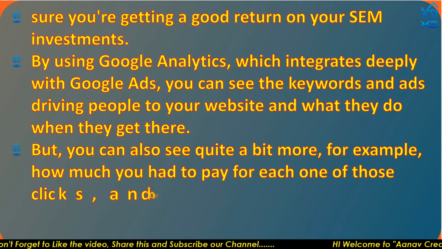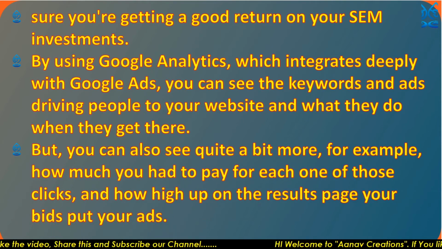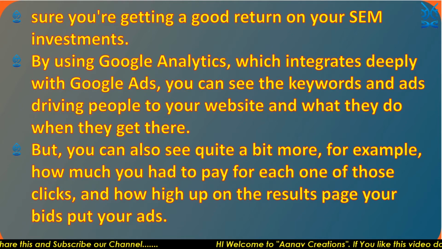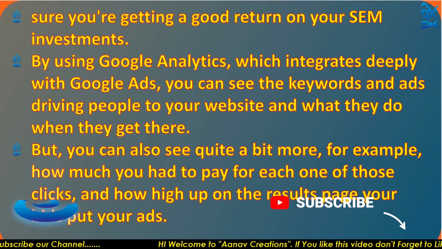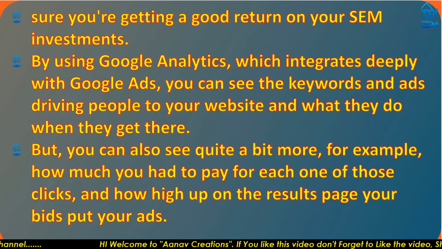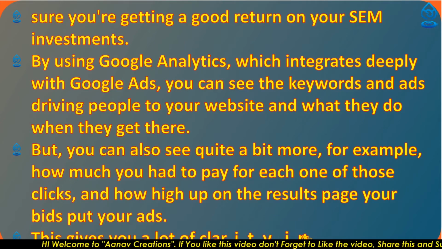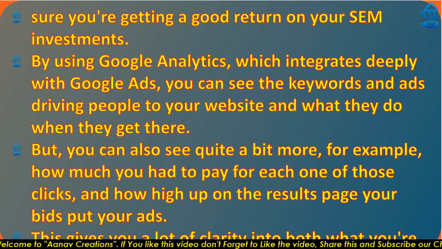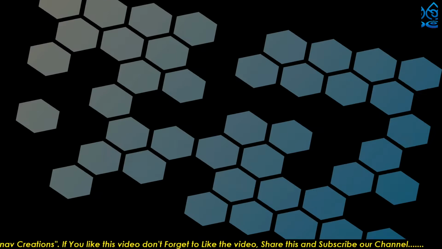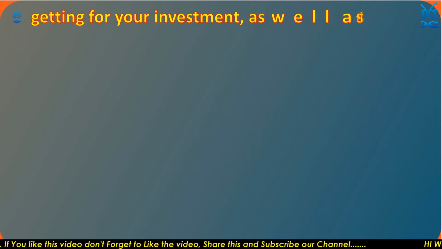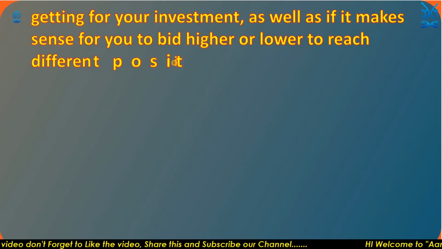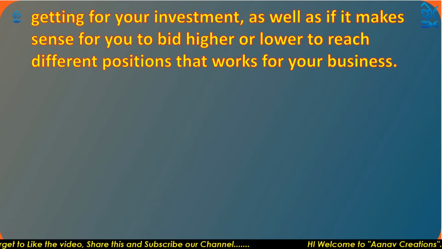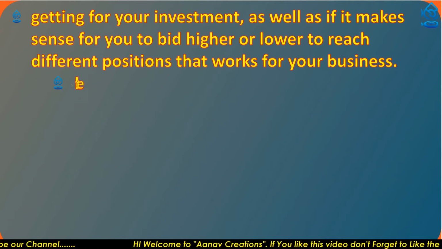But you can also see quite a bit more. For example, how much you had to pay for each one of those clicks, and how high up on the results page your bids put your ads. This gives you a lot of clarity into what you are getting for your investment, as well as whether it makes sense to bid higher or lower to reach different positions that work for your business.